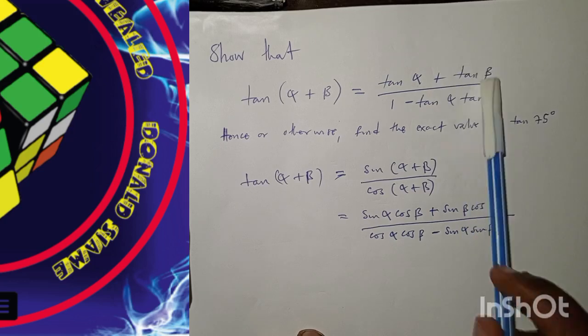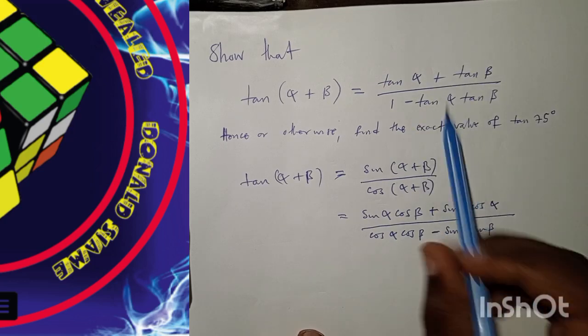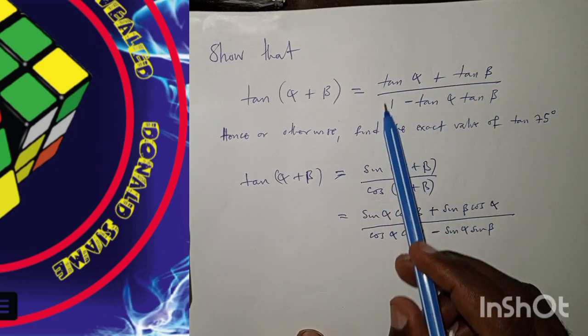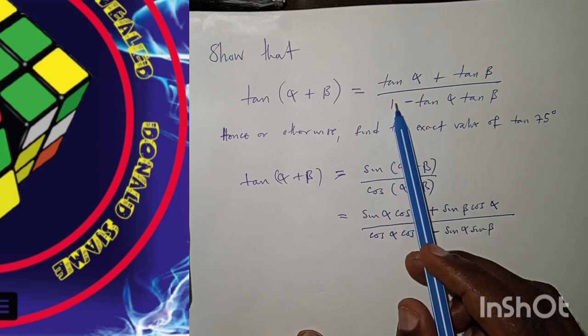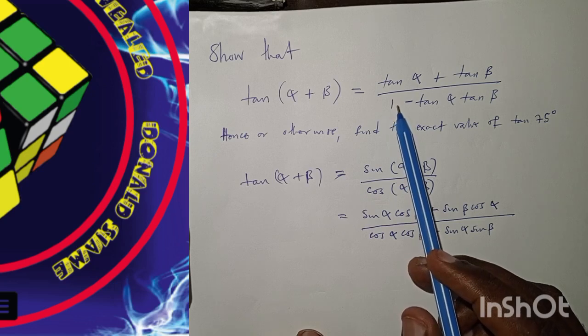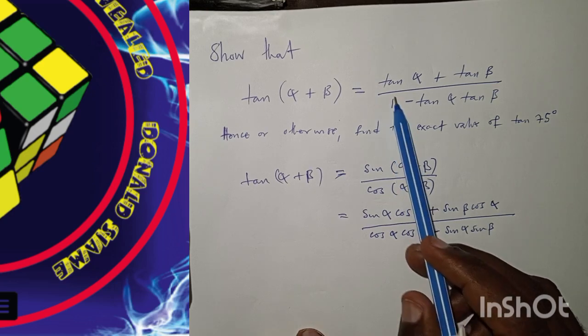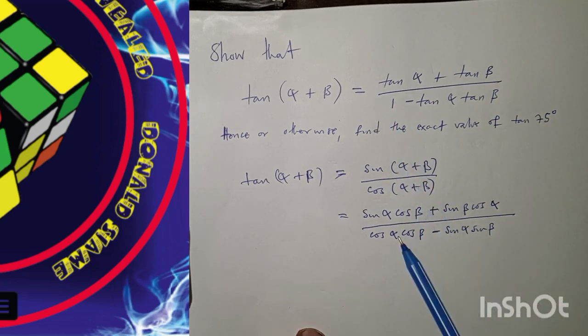Now, at the denominator the first term should be 1. To make this 1, you just divide this same term by itself.